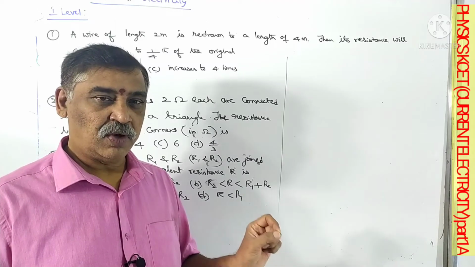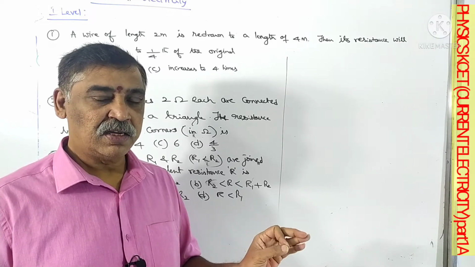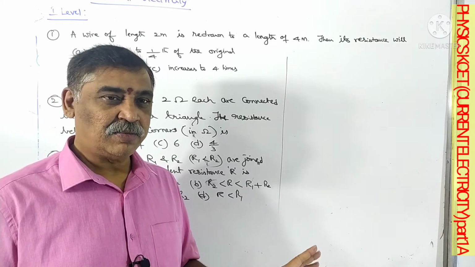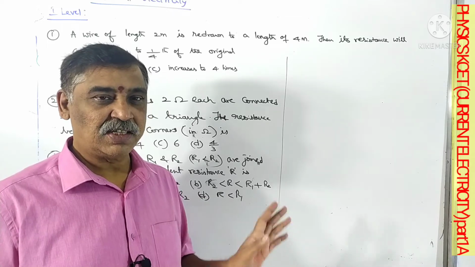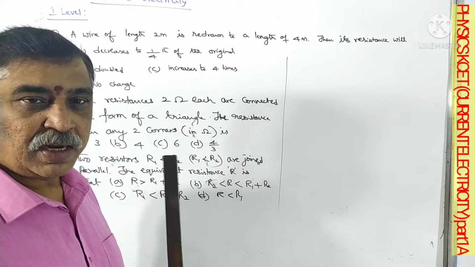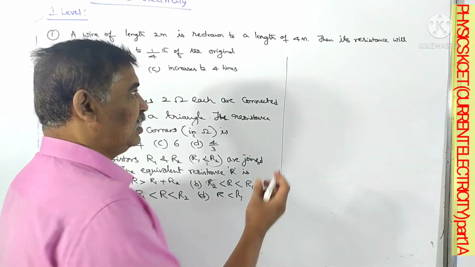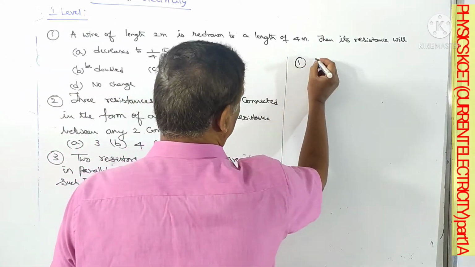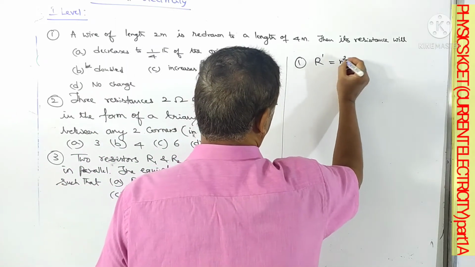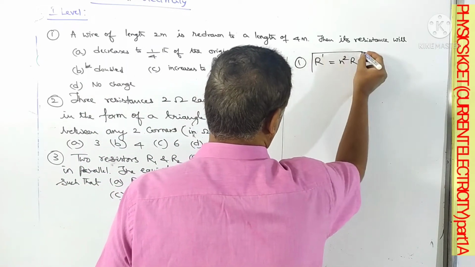If you use this formula and simplify it, finally we will get the new resistance in terms of initial resistance. This result in the shortcut form, if you remember, it can be done in a short time. I will give you this formula. R dash is equal to n square R. This we should remember.